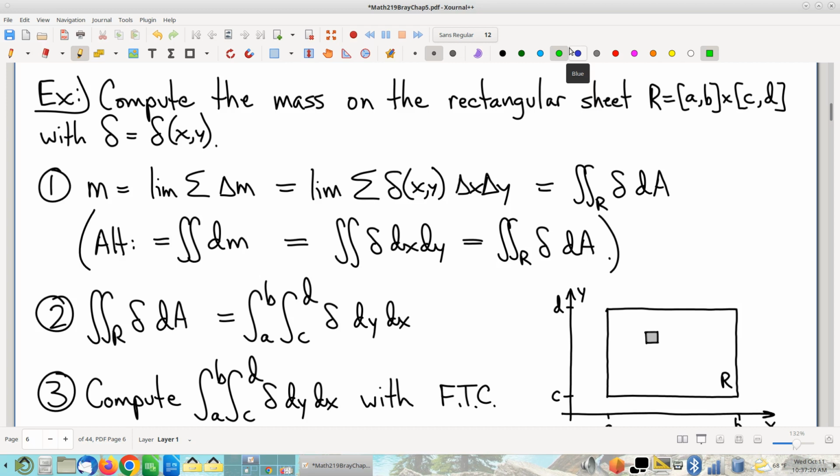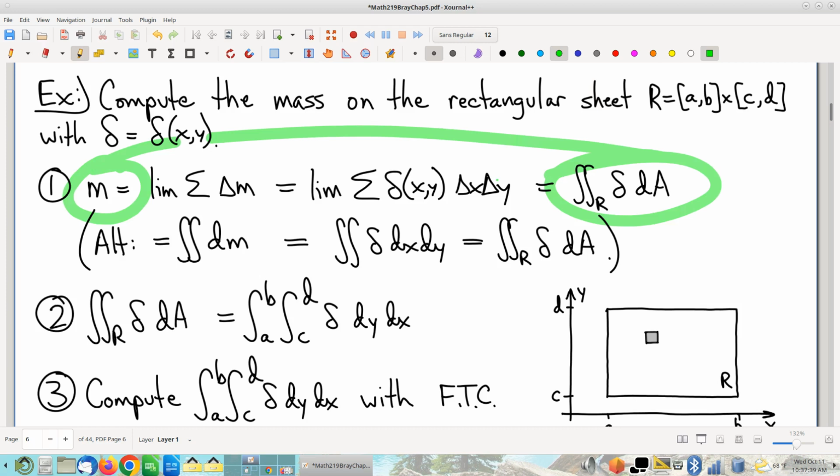This is not a single variable calculus problem. There's no single variable approach to this because the density depends on both variables. You can't slice this up in one direction and start doing business. It doesn't work. But I can make an argument that mass is a double integral of density.